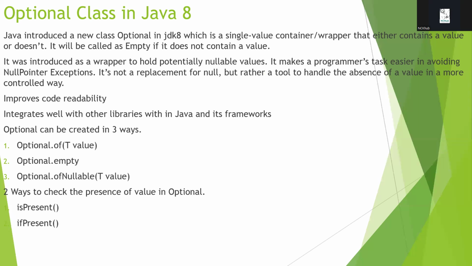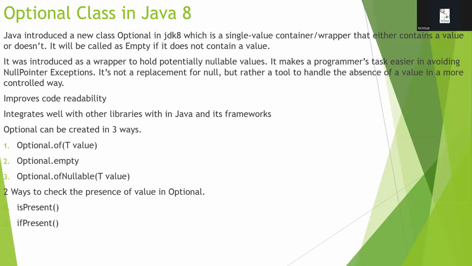Okay. Now let us see the ways that we can create an Optional class object. We rarely use this concept of creating an Optional on our own because, as I mentioned earlier, this Optional class was integrated with almost all of the libraries which we use in regular programming.